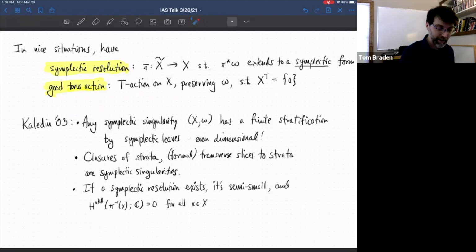So in particular, the fact that you have this semi-small resolution tells you that the push forward of the constant sheaf on the resolution, if you have the resolution, is going to be a semi-simple perverse sheaf.